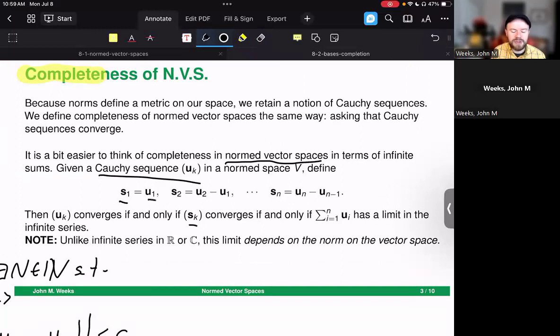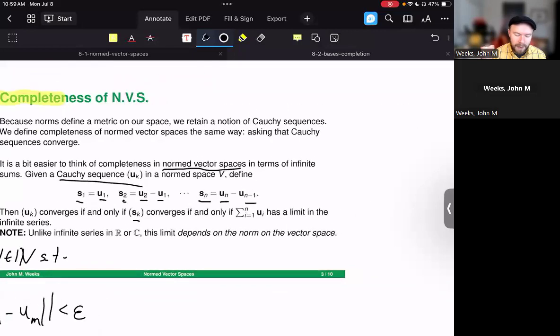Let's make S of 1 equal to U sub 1, S of 2 equal to U sub 2 minus U sub 1, S of 3 will be U sub 3 minus U sub 2, and if we continue going, S sub n is going to be U sub n minus U sub n minus 1. Well, how do I understand this sequence? Notice that this is a difference sequence. You first take S1 to be U1, and you take S2 to be the difference between the two elements U1 and U2.